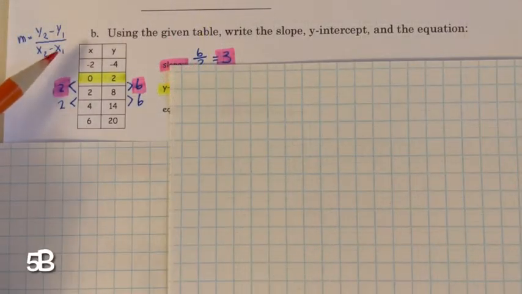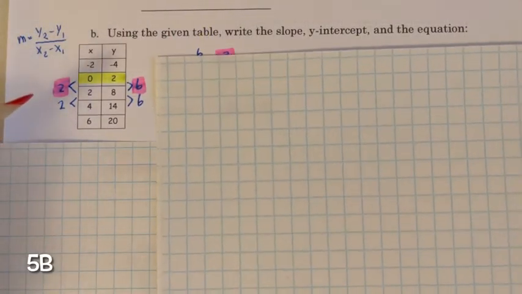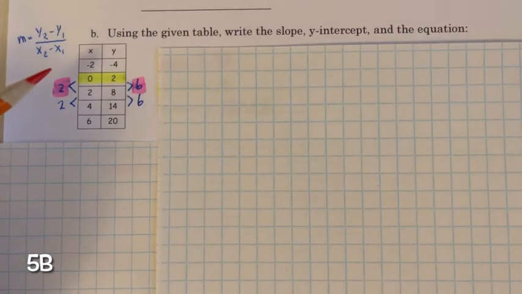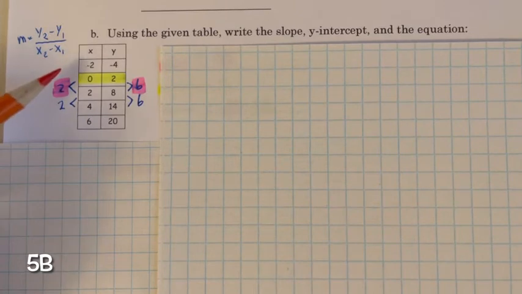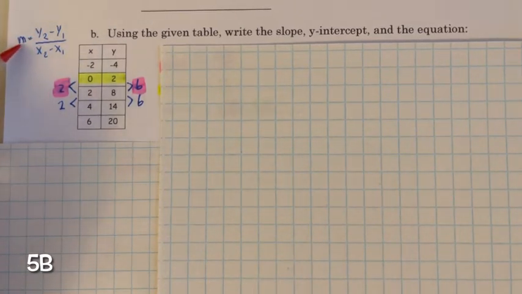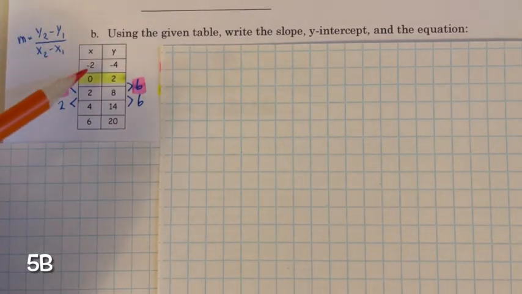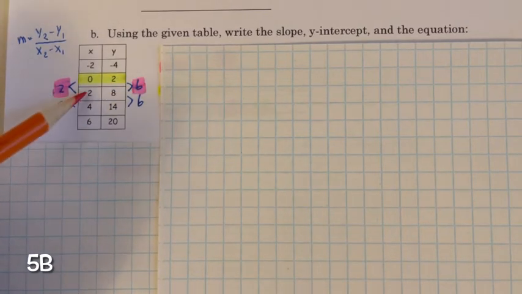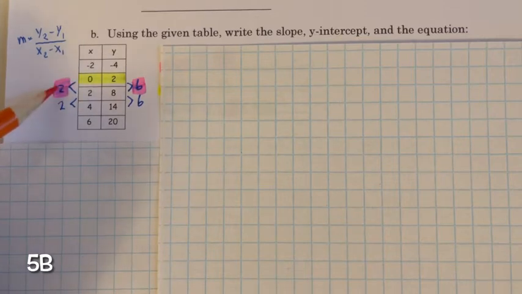For b, using the given table, write the slope, y-intercept, and the equation. In order to find the slope, or rate of change, you look at the difference between the y's over the x's. So, difference of the y's, you can see that from 8 minus 2 is 6. 2 minus 0 is 2.